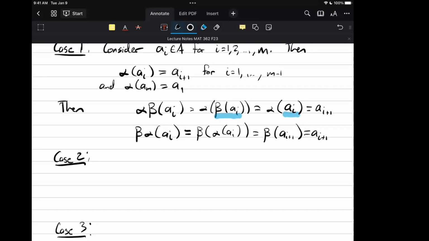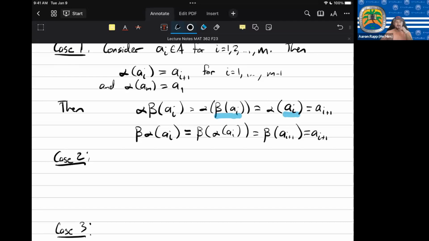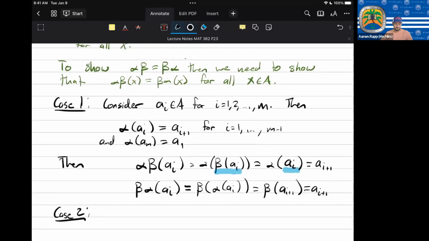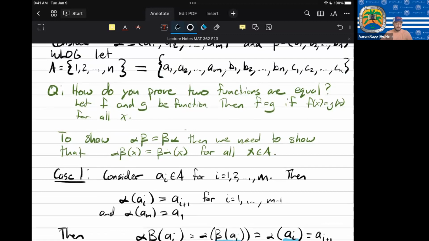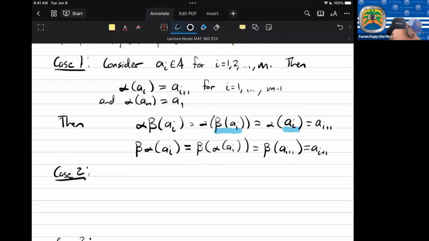So I need to cover all elements in the set A. A sub n? Well, technically, the way I have it written, you'd want to show it with a sub m, but you would have alpha beta of a sub m equal to alpha of a sub m, which would be a1, and beta alpha of a sub m would be beta of a1, which would be a1.